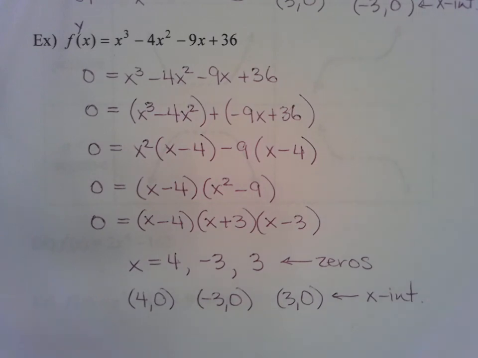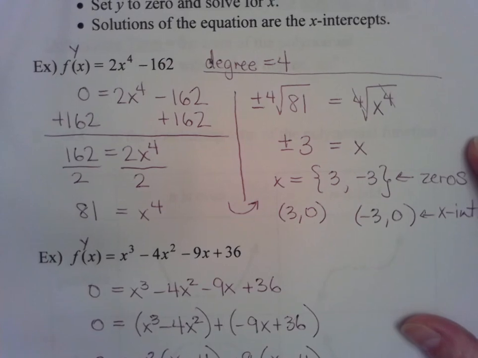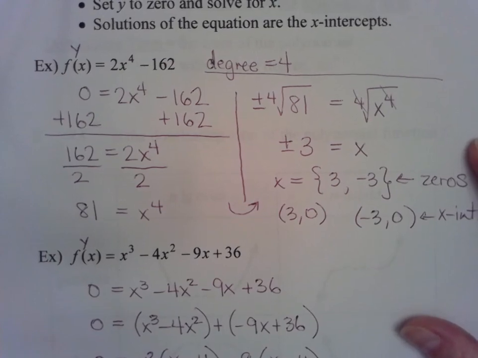Okay, so these two examples kind of give you a good idea of the two methods that are usually used to solve for the zeros. You can do factoring, which is what we've done here, or you can do this root method. One of the books I used to use called this the extraction of roots. Okay, so those are the two main methods that we can use to find the zeros.